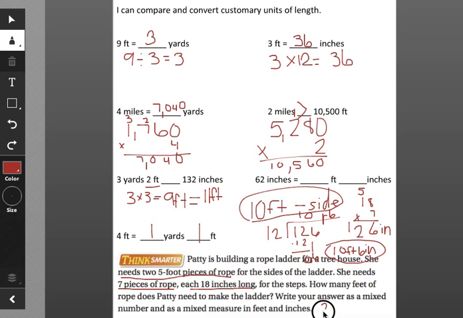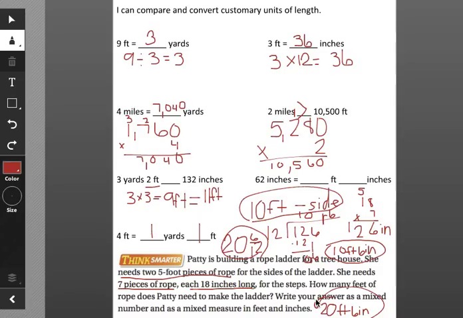So I need 20 feet and 6 inches of rope. So I've written it as a measure of feet and inches, but it also wanted me to write it as a mixed number. So my mixed number is going to be 20 and 6/12, or 20 and 1/2. So those would be my 2 answers.